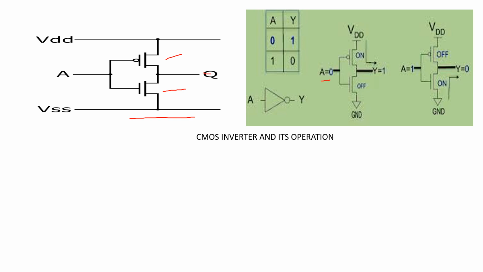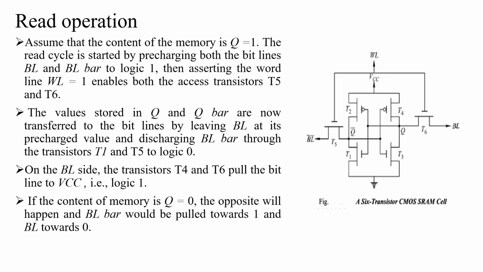Then the output is connected to VDD. If A equals 1, the PMOS transistor will be off and the NMOS transistor will be on, then the output is connected to ground. This is the CMOS inverter and its operation.